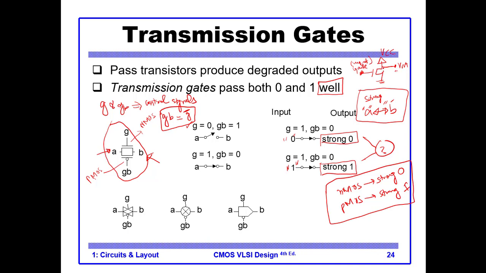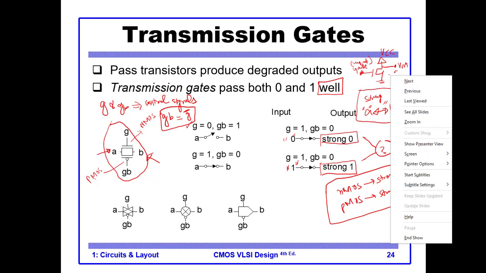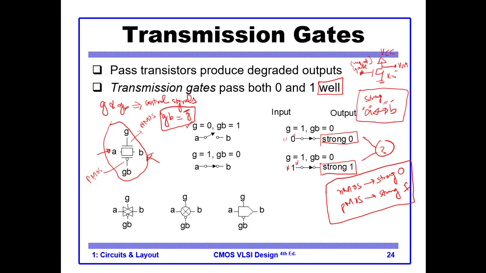But as I told you before, due to the internal structure of NMOS, there are some resistors that come in the effects, and at the output we get a voltage that is less than VCC or VDD.